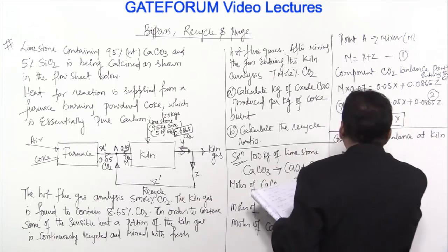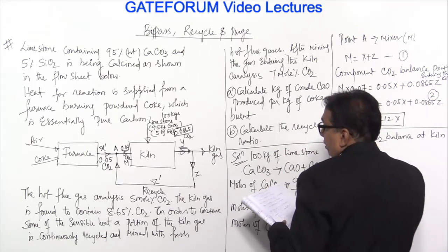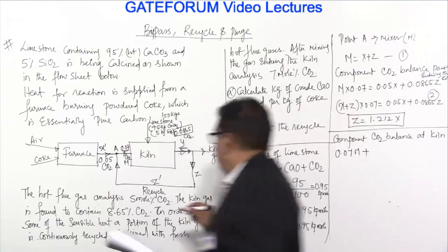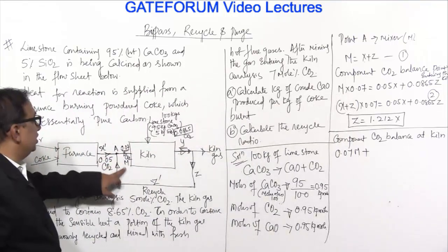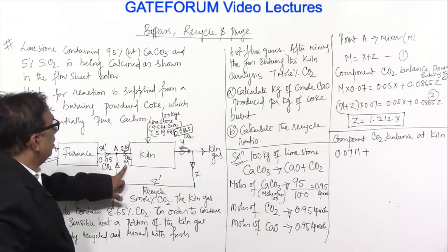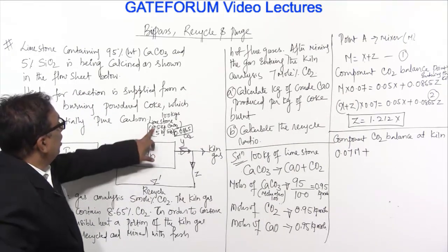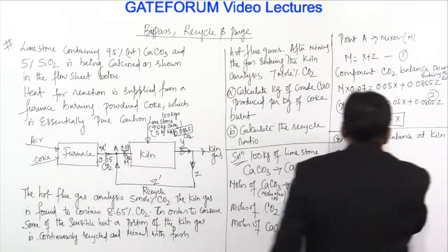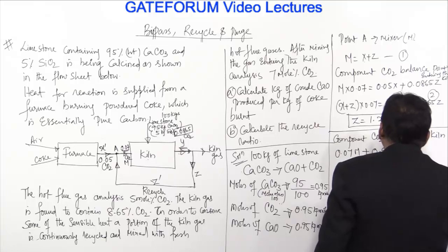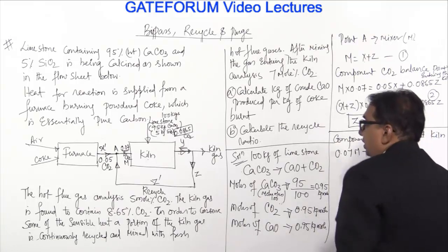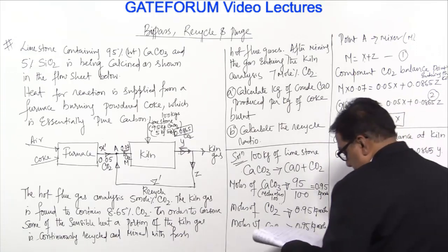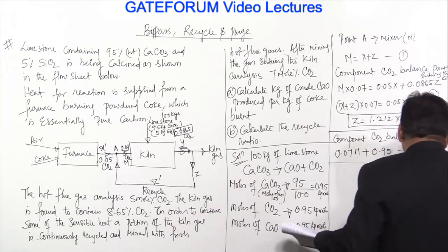So how much is it entering? 0.07 M is entering, plus 0.07 CO2 is entering with M. Okay, in M it is there. And from clean how much is entering? 0.95 kg moles. Okay, so 0.95 is entering the clean. What is leaving the clean? Leaving the clean is 0.0865y. Okay, 0.0865y. This is another balance we are writing.